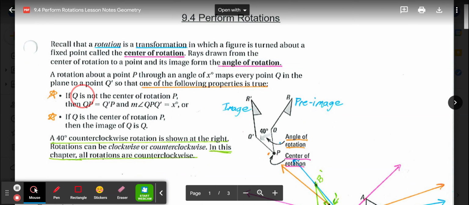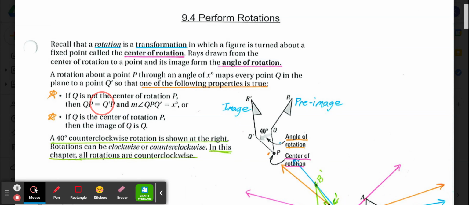If our point is not the center of rotation, then the original distance from the center of rotation to that point would be the same as the distance from that new rotated point to the center of rotation.